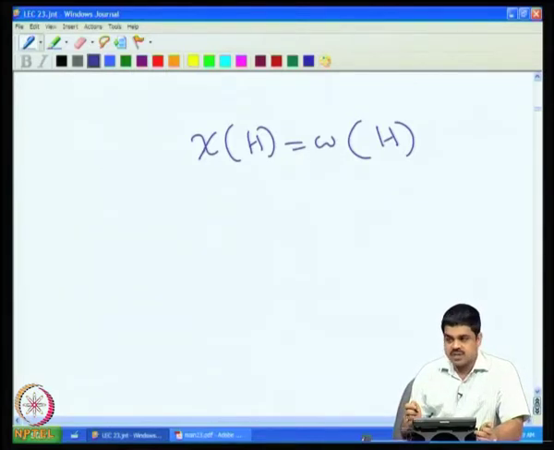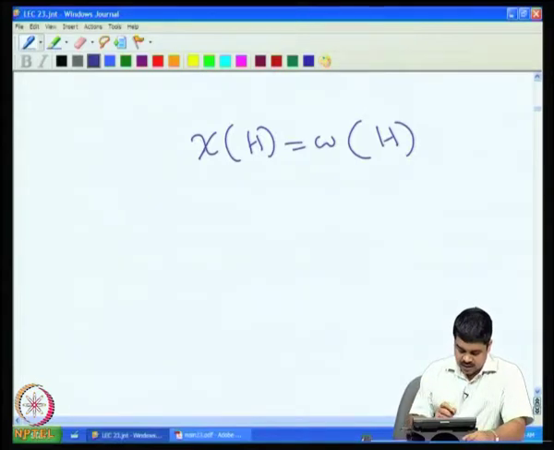So, we can just prove that if G is a complement of a bipartite graph, then it satisfies the property that the chromatic number is equal to the clique number, omega, the biggest clique size. To show this, we should first understand what is the chromatic number of such a graph. So, now if I look at the chromatic number of this graph, what will it correspond to for its complement, which happens to be a bipartite graph?